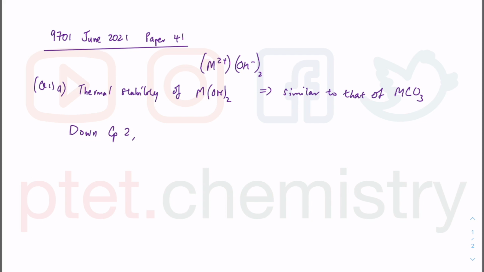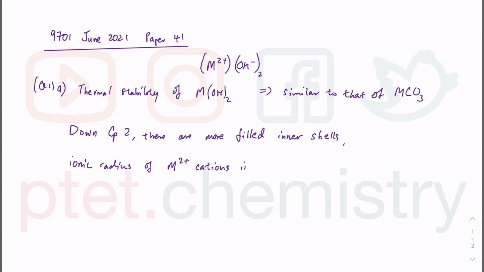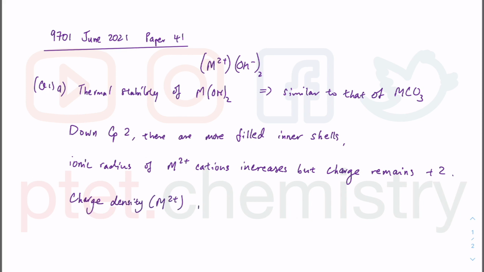Down group 2, there are more shells filled. If there are more shells filled, what we can say is that the size, the ionic radius, of the M2+ cations would increase, and when that increases but the charge remains +2, the charge density of M2+ will decrease, because charge density is charge over size, charge over volume.